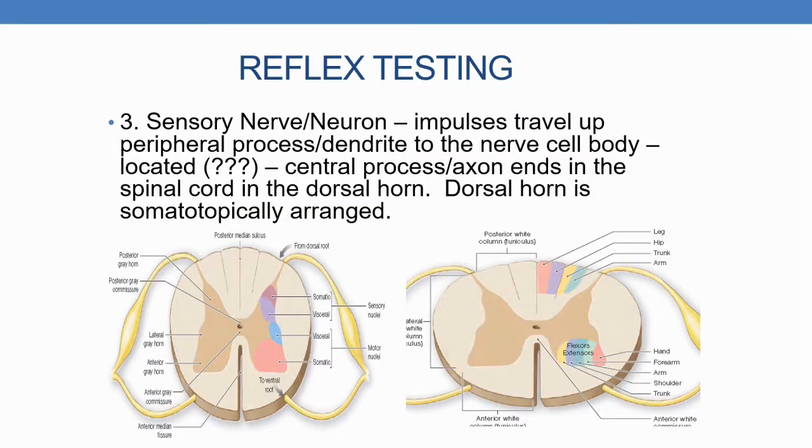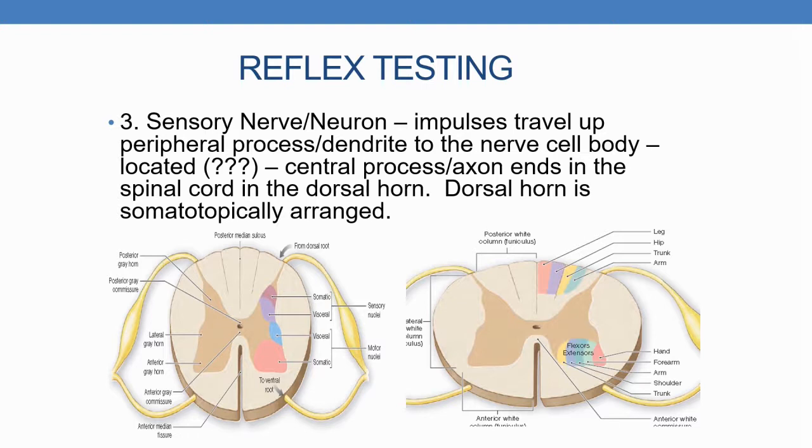The third component of the reflex arc is the sensory neuron. And the sensory neuron travels in the sensory nerve. Now, sensory nerves are peripheral nerves. They're not spinal nerve roots. So if we're talking about testing for cervical radiculopathy, and we're doing a biceps tendon reflex, these sensory neurons are traveling in the musculocutaneous nerve.